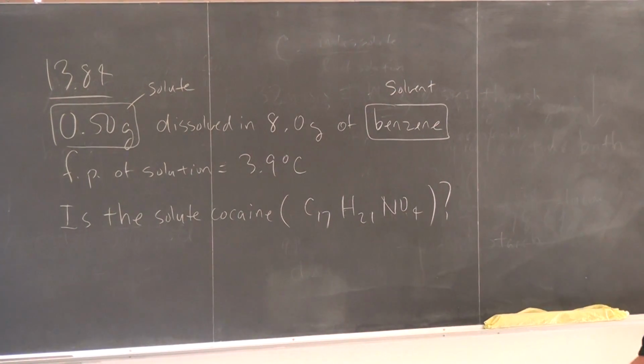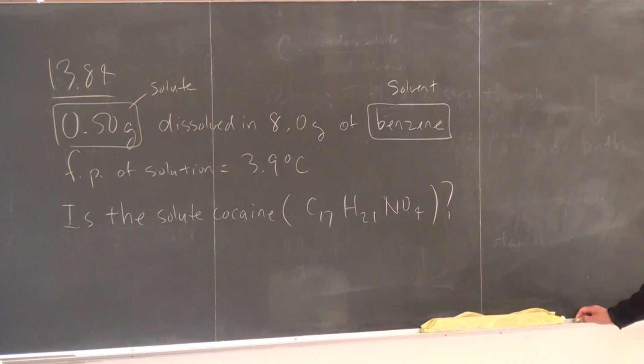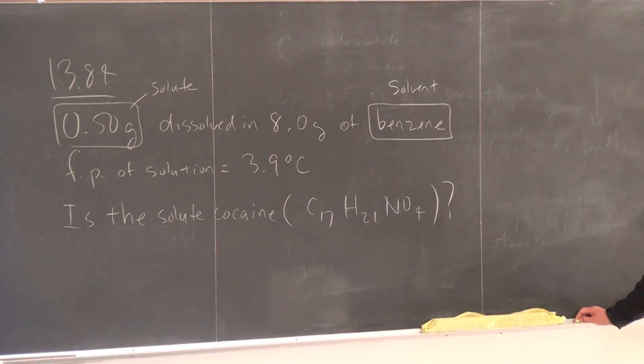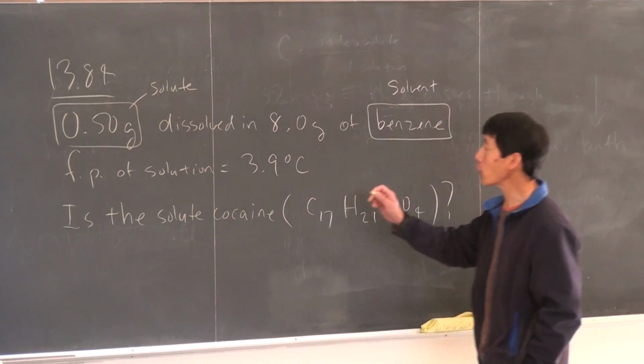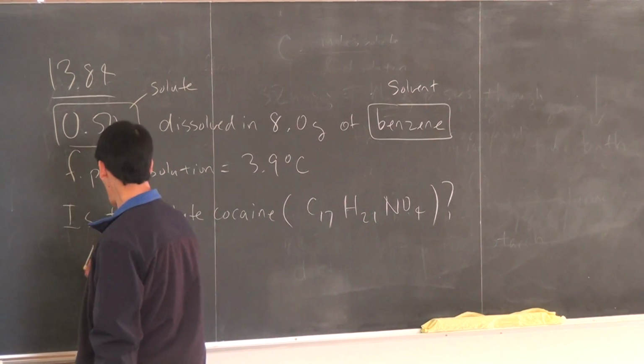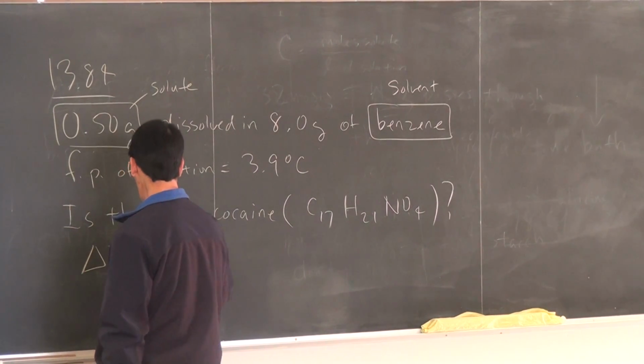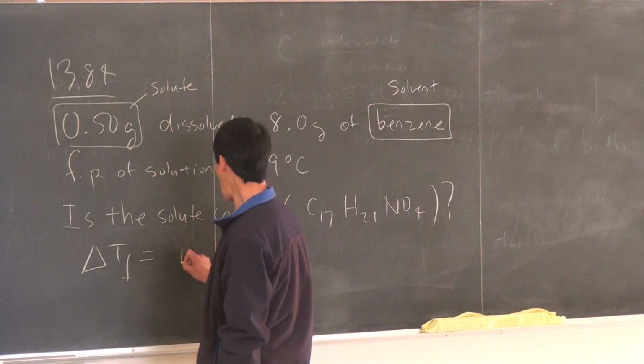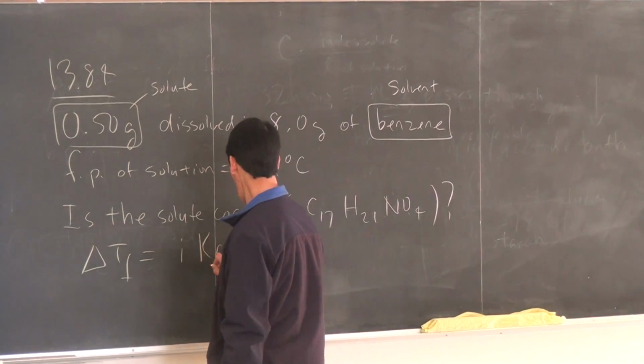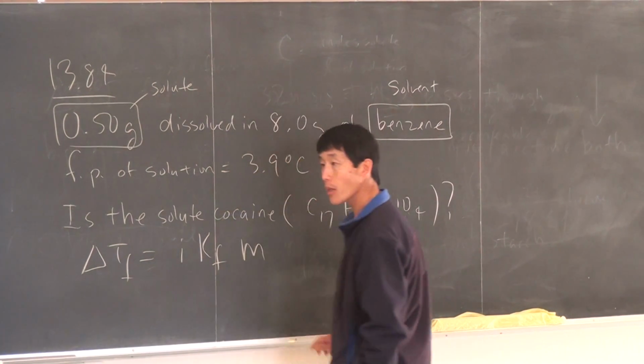Now what equation will we use to solve this problem? Freezing point depression. So you use this equation, delta TF is equal to i times KF times m.